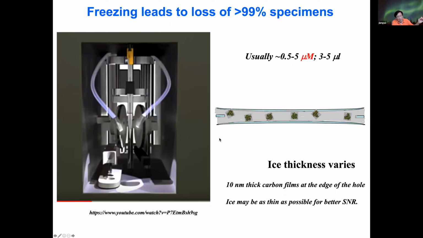As you probably remember, as I said in the previous slides, during the flash freezing, we blot away the majority of the specimen. Majority means about 99.9%. And then we leave a very small volume of the specimen across the grids and then freeze it. The idea is whether we can avoid this significant loss.